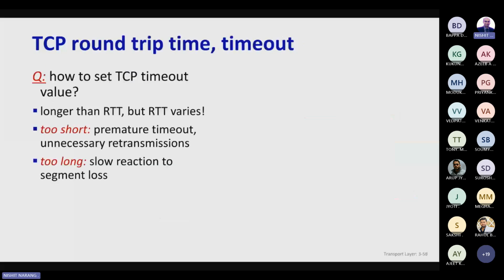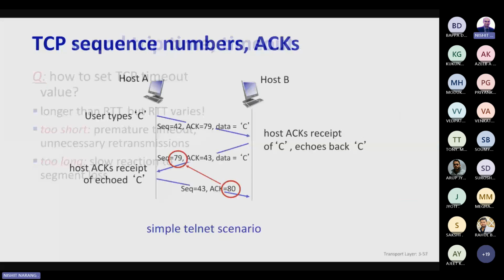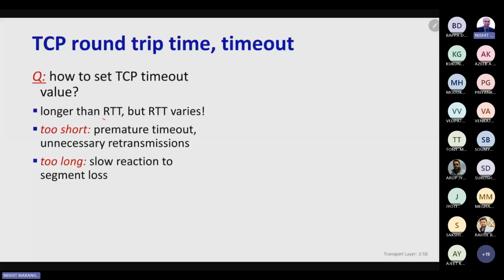And now to the question on how do I set this timeout? So the timeout has to be at least larger than the round trip time. So I think Jyoti already explained what the round trip time is. Round trip time is A sends something to B, it takes some delay. Let's call it D1. B sends an acknowledgement back to A, it takes delay D2.